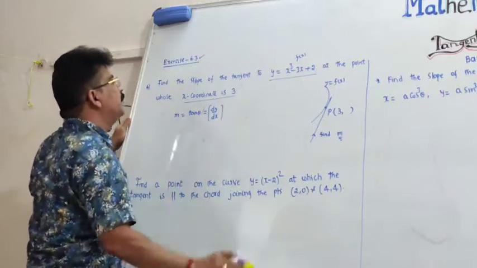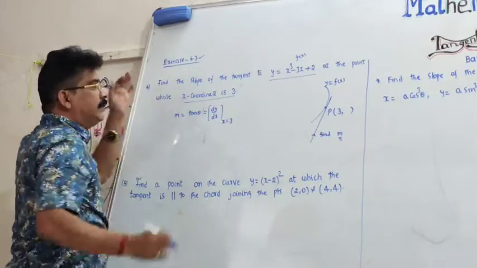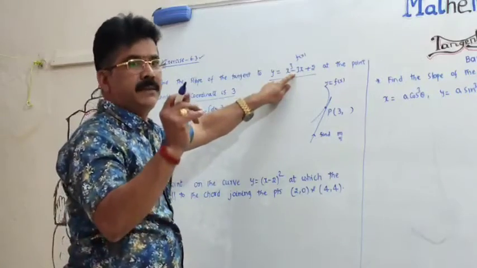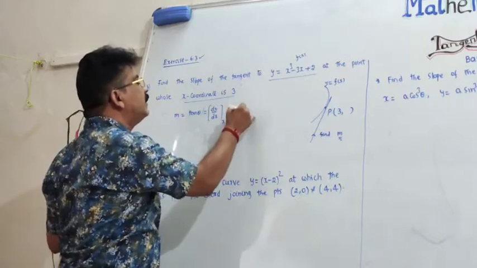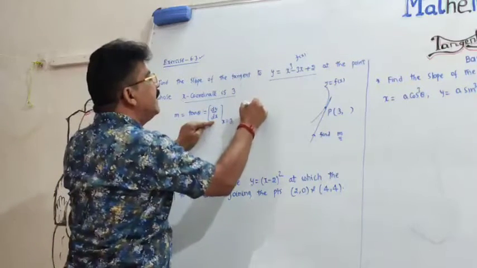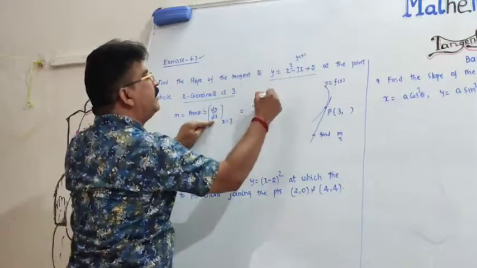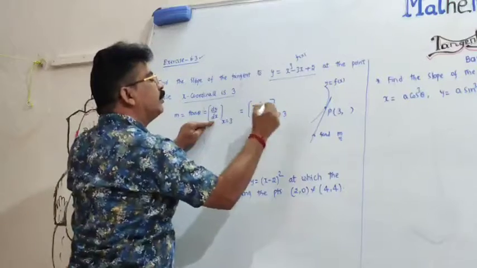So therefore simply x is equal to 3, because f of x is a single variable function in terms of x. So that is equal to the differentiation, 3x square minus 3.